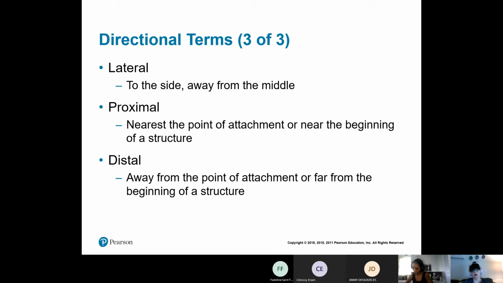Okay. But if we wanted to turn that around, we could say my shoulder is proximal to my elbow. Because it's closer to the midline or the attachment point, okay? So when we think of the opposite, proximal, that means we're thinking about where the structure attaches.